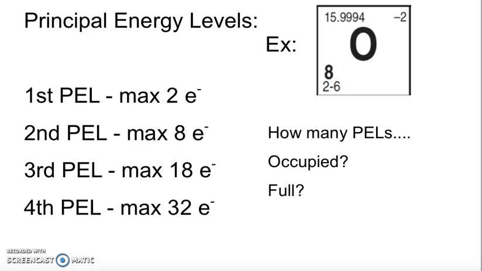To answer these questions regarding principal energy levels, it's helpful to know that the first principal energy level has a maximum of 2 electrons. The second has a maximum of 8. The third has a maximum of 18, and the fourth has a maximum of 32.